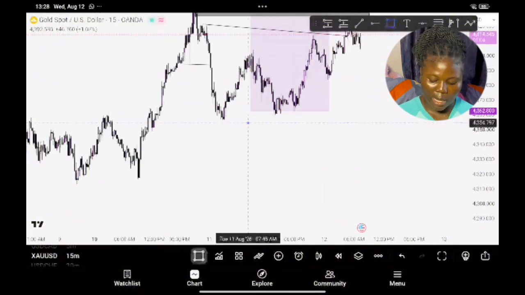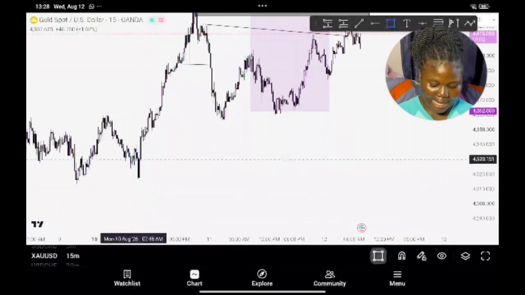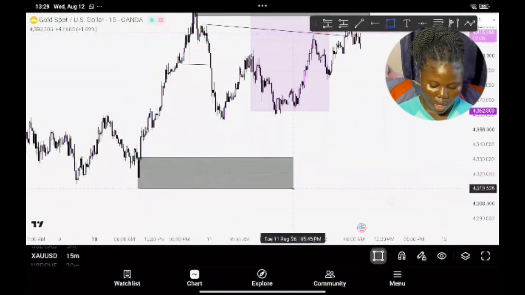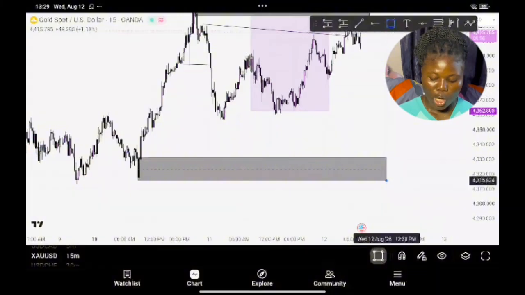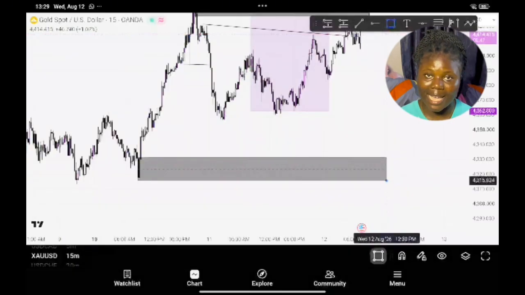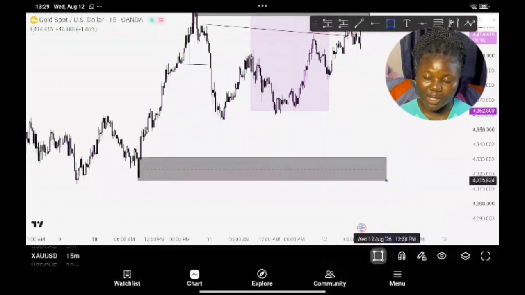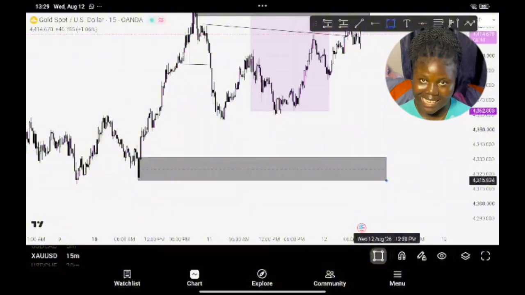So now, for example, this is a valid order block for a buy. This is a very valid order block for a buy. Do you know why? Because the market has not tapped into it. This order block is clear and clean. That's why it is valid.